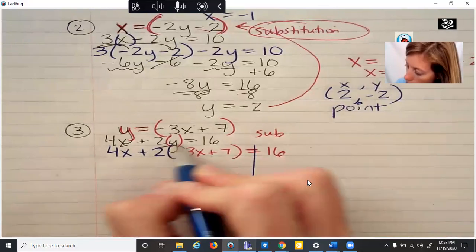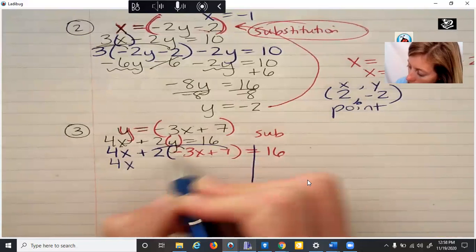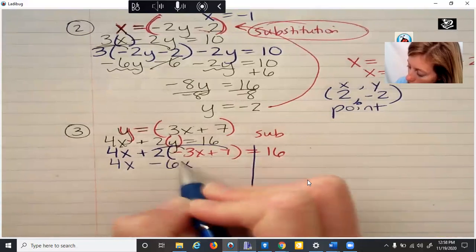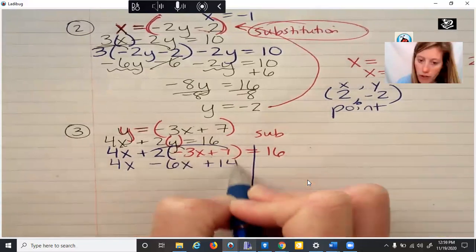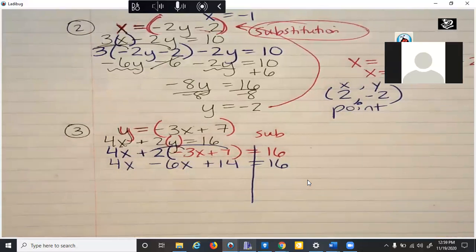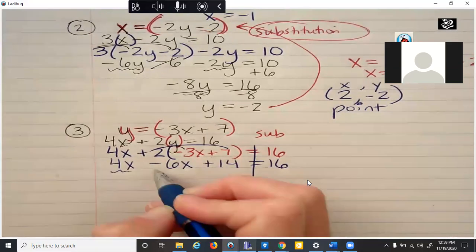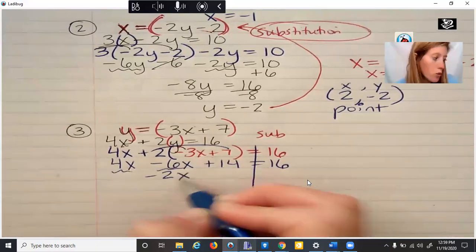So I'm going to drop down the 4x. 2 times -3 is -6x. 2 times 7 is 14 equals 16. Brian, what do you do next? Combine like terms. All right, so what gets put together? 4x and -6x. That gives me -2x.